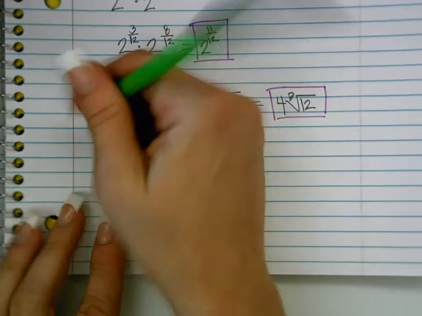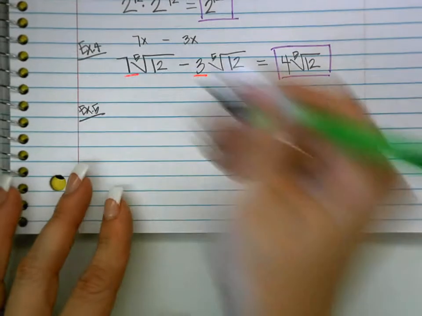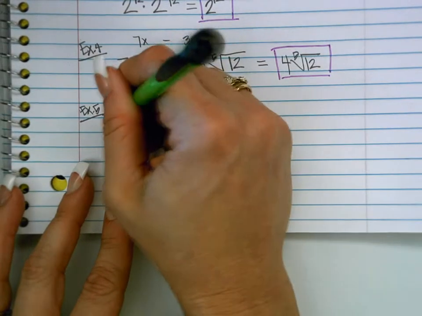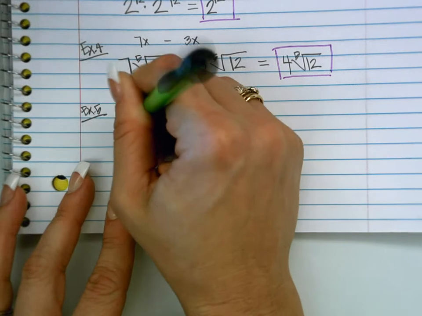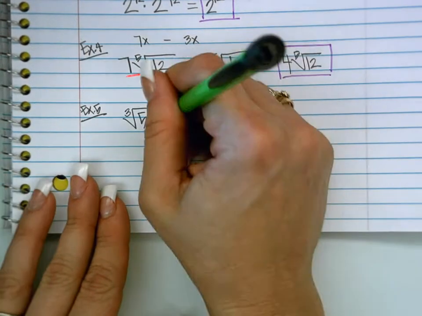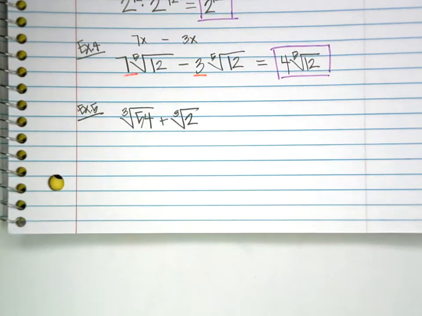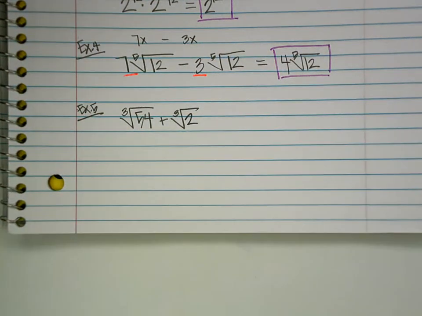And then the last one, number 5, I would like you to combine, let's try, cube root of 54, so cube root means a group of 3, plus cube root of 2.